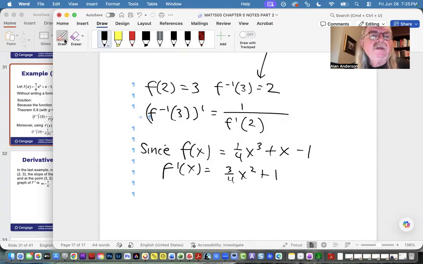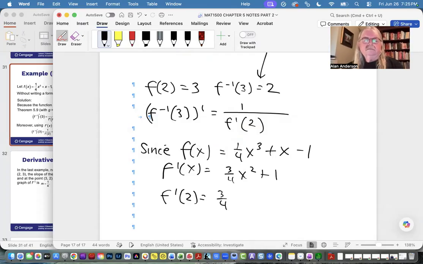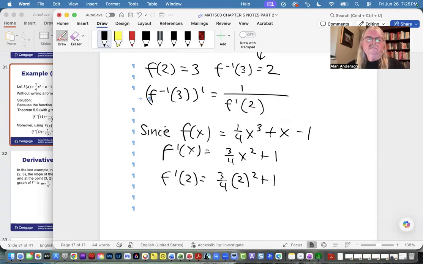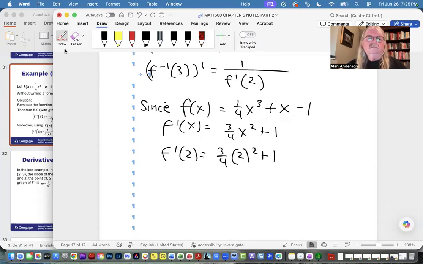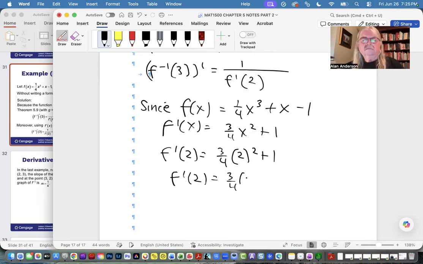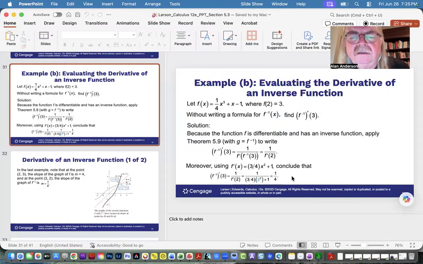And f prime of 2 would be, and that would be 4.